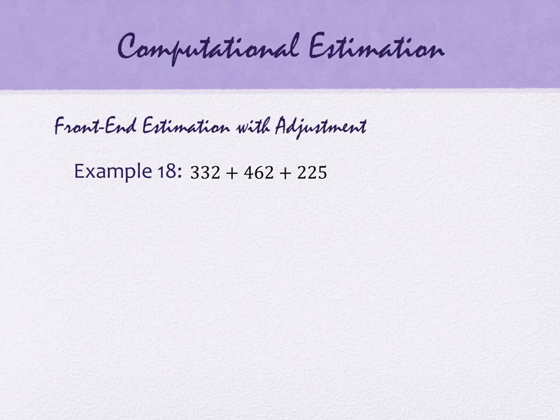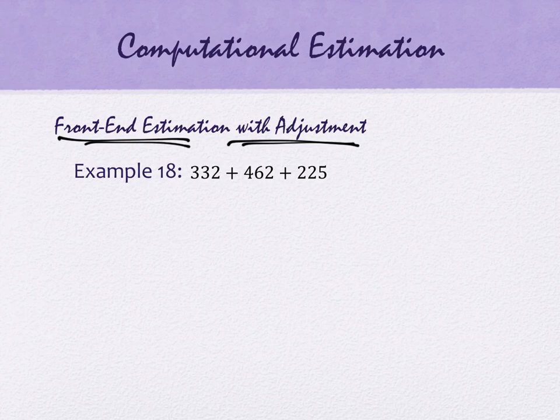Okay, so the first one we're going to look at is called front-end estimation with adjustment. Specifically, this with adjustment part is the important part. So there's two pieces here. There's a front-end estimation piece, and there's a with adjustment piece. Let me talk first about what front-end estimation is. We talk about this as well in proportional and statistical reasoning, so you might have seen front-end estimation there before.